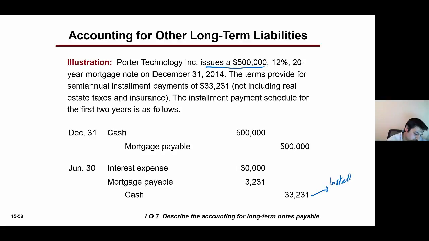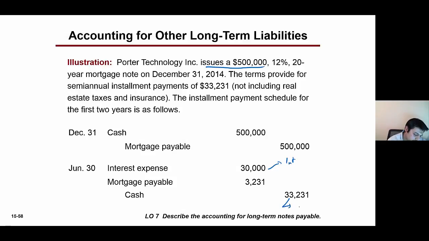This is each installment. This is the payment. This is the interest expense, and this part is the actual loan, which is in this case the reduction in principal. So let me do that again.